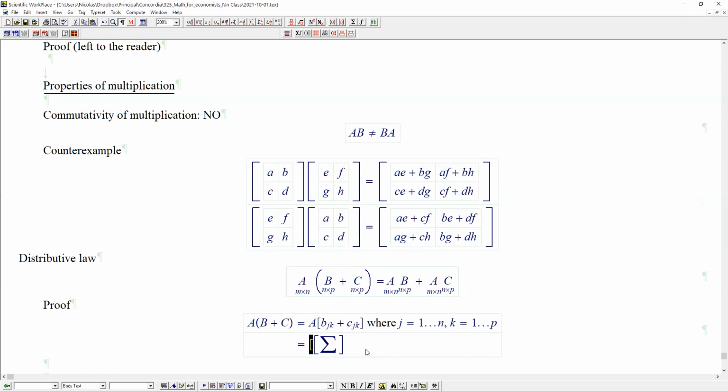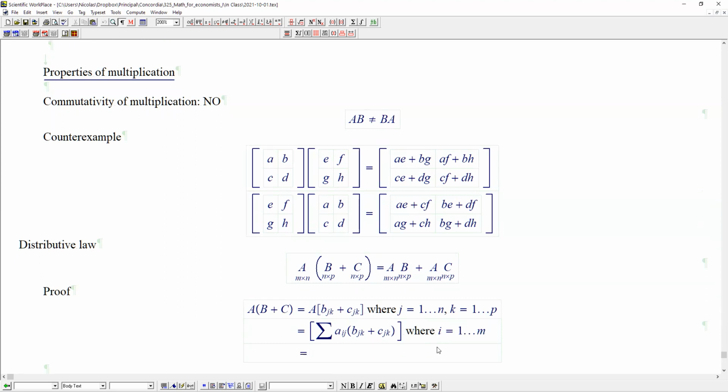So this is each element A_ij times B_jk plus C_jk. This is the inner product for every element of the matrix, where i equals 1 to m. And now what I can do is use the distributive law for addition.